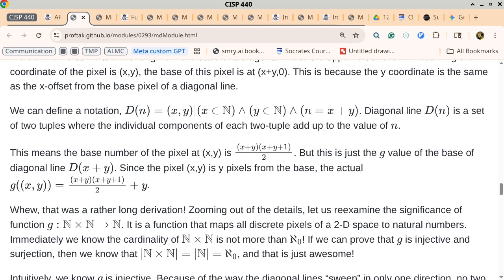If you look up on Wikipedia, the derivation of both the function going forward and the inverse function looks almost exactly the same as my reading material. But I actually did not copy anything. I did not even look it up. I did not even know the name of the Cantor's pairing function.